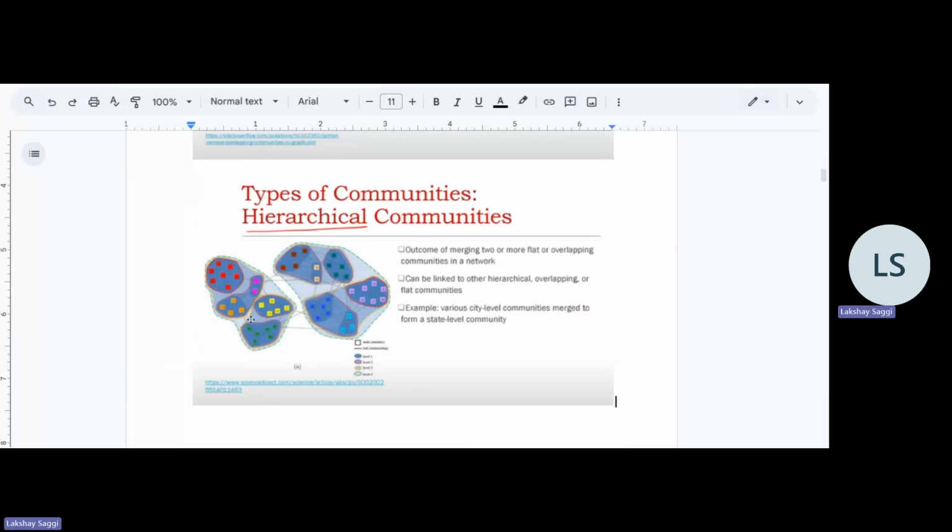As you can see, this is kind of a hierarchy: at the most granular level, these yellow vertices belong to this kind of community, but at the second level, all these vertices belong to this dashed community.